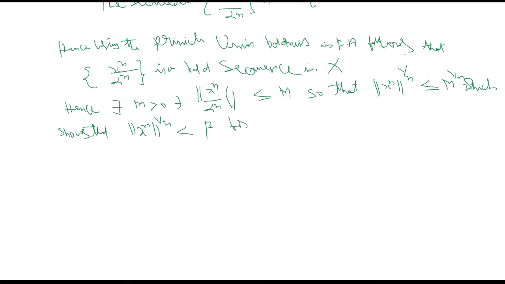Therefore the limit supremum of norm x^n whole power 1 by n is less than or equal to beta.